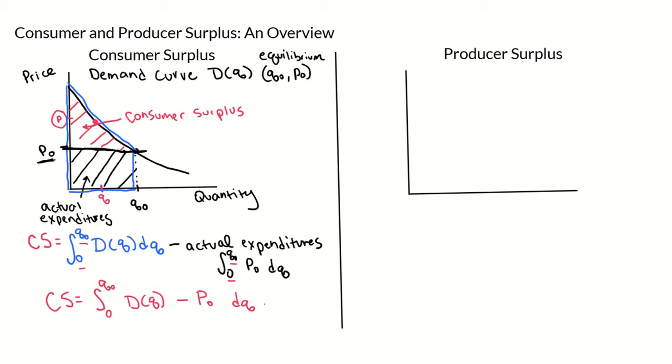So now let's look at the producer surplus. And for producer surplus, we're going to think about a supply curve, which is usually a positive sloping curve. And again, we're looking at quantity and price.